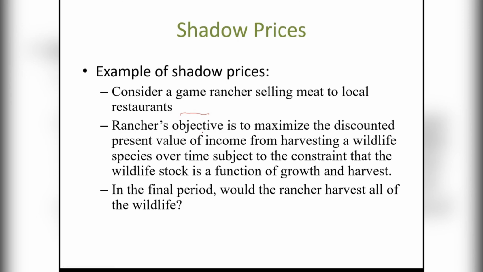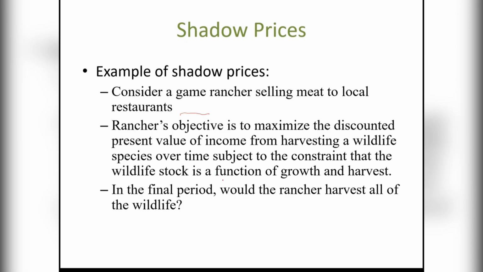So the rancher's objective, of course, is to maximize the discounted present value of income from harvesting wildlife species over time, subject to the constraint that the wildlife stock is a function of growth and harvest. If a rancher were to cull some animals and sell them to the restaurant, those animals would not produce any offspring, so you have to take that into account.